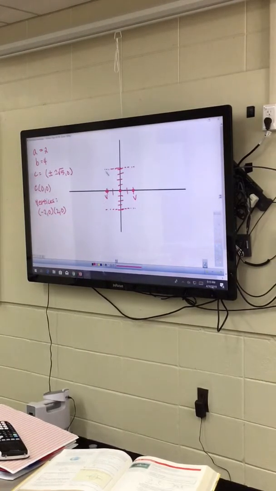So my a is how I know to drop that line. So we have this rectangle, and our asymptotes go through the vertices of that rectangle. If I wanted to draw my asymptotes here, remember they're going to be dotted lines because it's just approaching those.